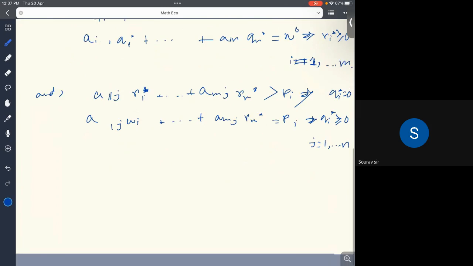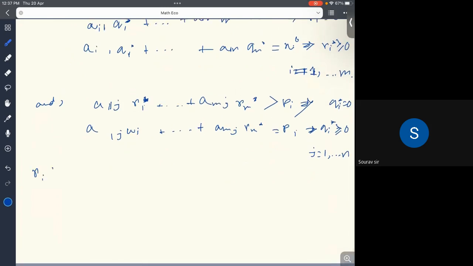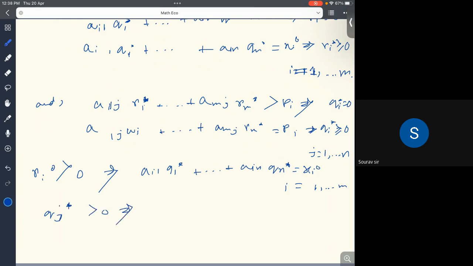It's a very lengthy problem: ri greater than 0 implies ai1 q1 star plus dot dot dot plus ain qn star is equal to xi to the power 0, where i is equal to 1 to m, and qj star greater than 0 implies a1j r1 star plus dot dot dot plus amj rm star is equal to pj, where j is equal to 1 to n.